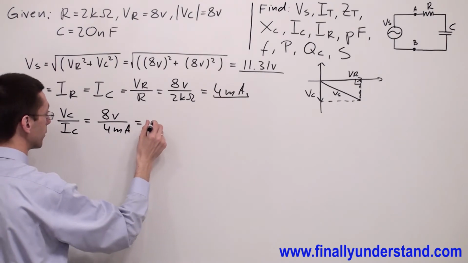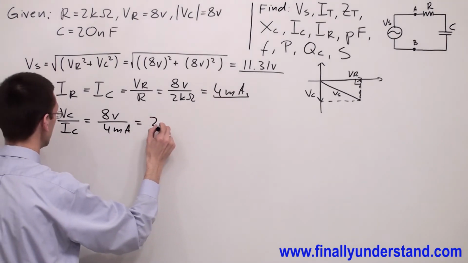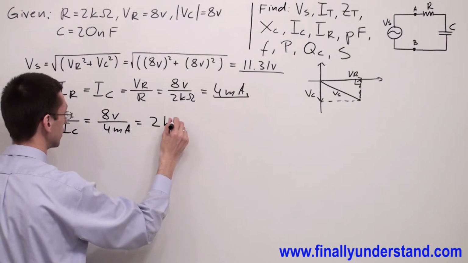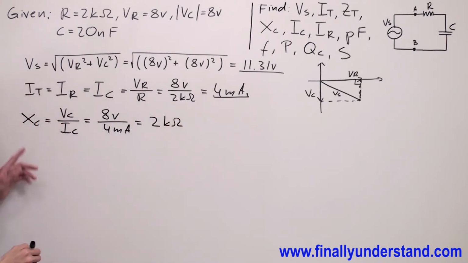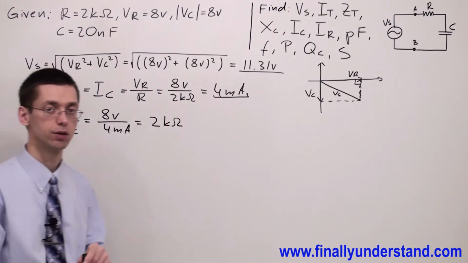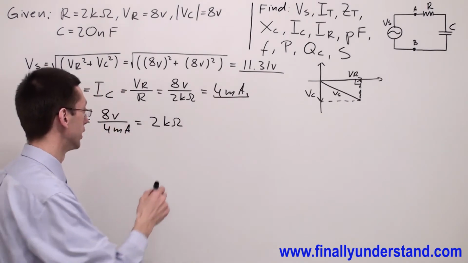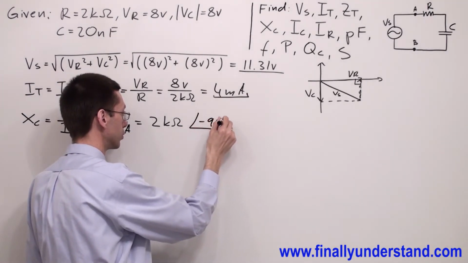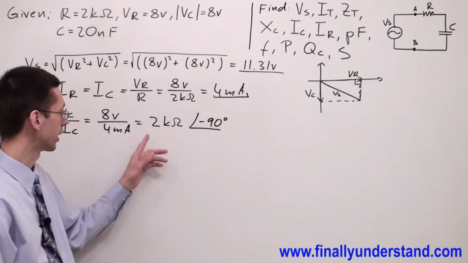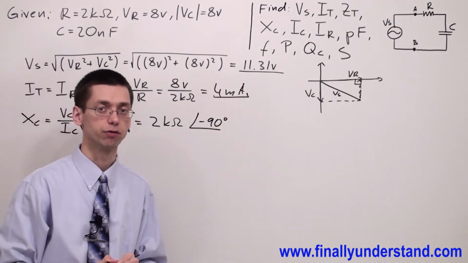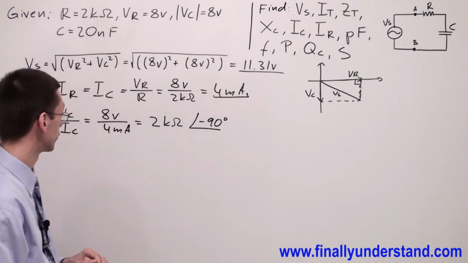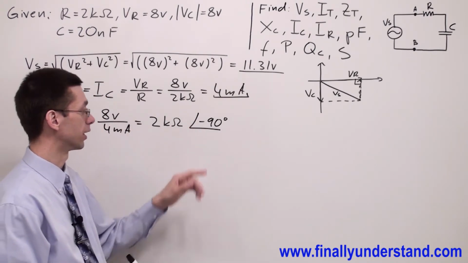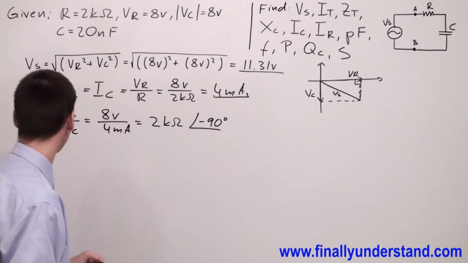This is equal to 2 kilo ohms. And remember, X of C always goes with an angle of negative 90 degrees. So anytime you calculate the value of X of C or Z of C, you're supposed to remember the angle of negative 90 degrees.